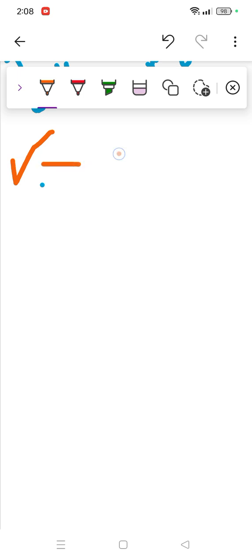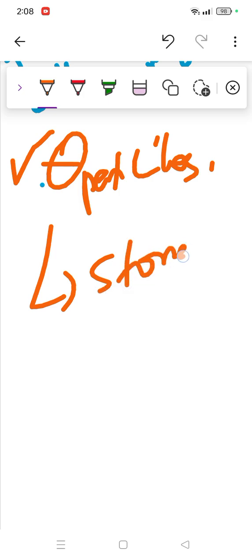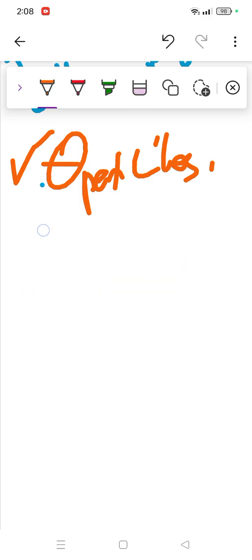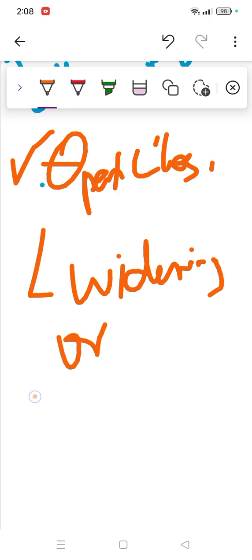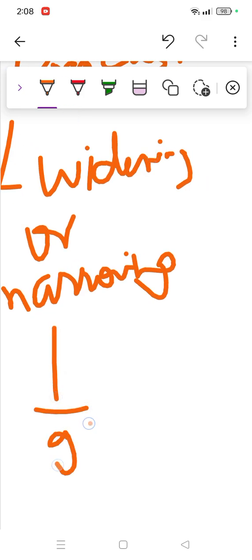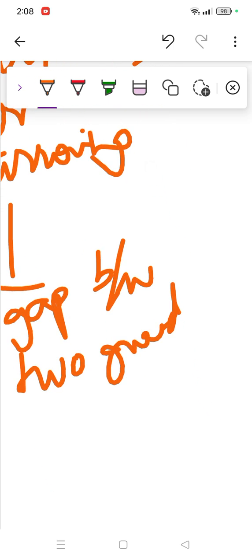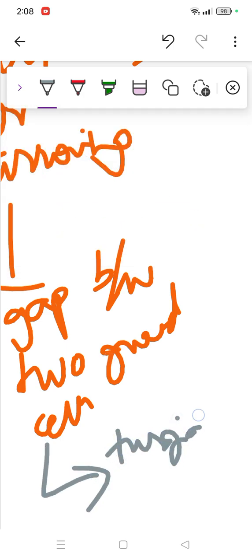So what else can we discuss? The opening and closing of stomata, either widening or narrowing of the gap between the two guard cells, all depends upon the turgidity of the guard cells.